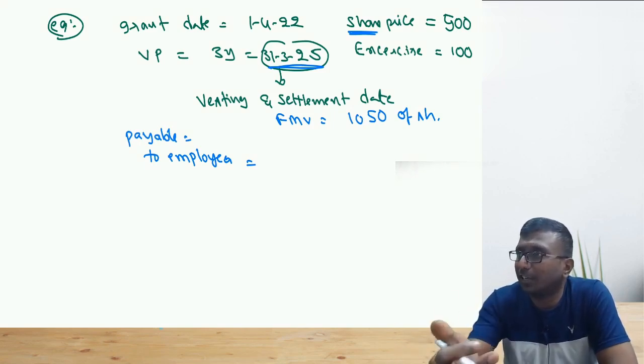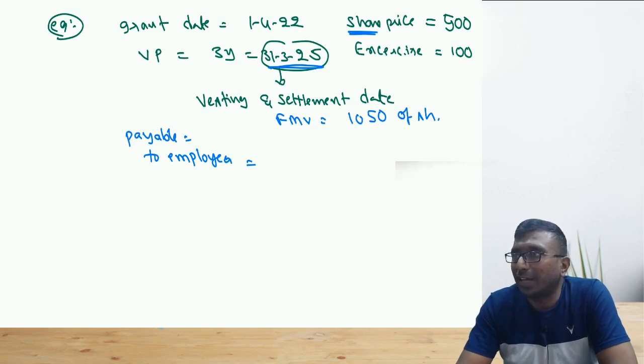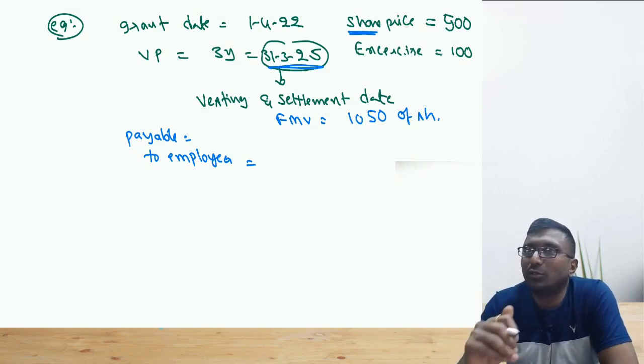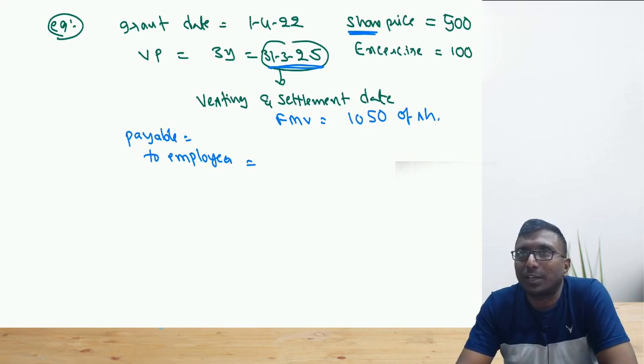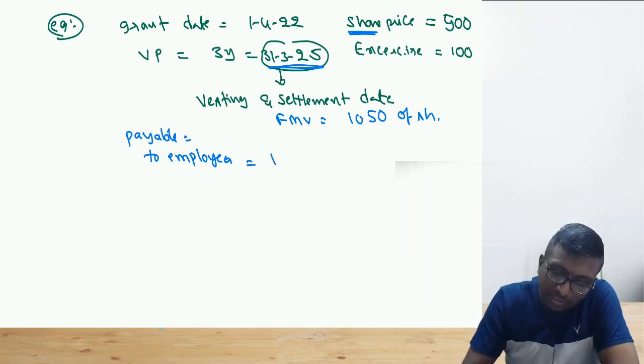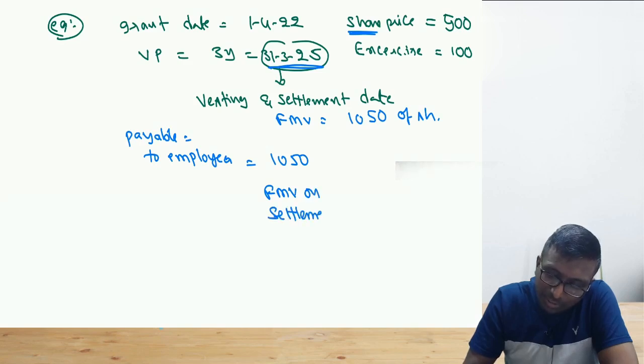If I give the share at 100, he has to pay, but anyhow it is a cash transaction, so why give and take cash? Give 950. That is the fair market value on the date of settlement minus 100 exercise price, 950 per share.